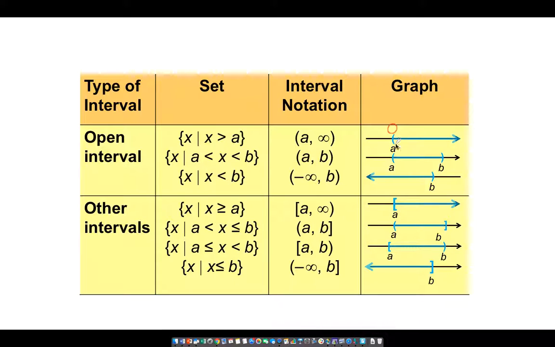Well, here, instead of an open dot, we're going to do kind of a curvy line. And if you have or equal to, you're probably used to that being a filled in dot. Well, that's going to be the bracket. Otherwise, it's exactly the same. If it's just straight, like greater than or equal to, it'll just go on forever to the right with an arrow.